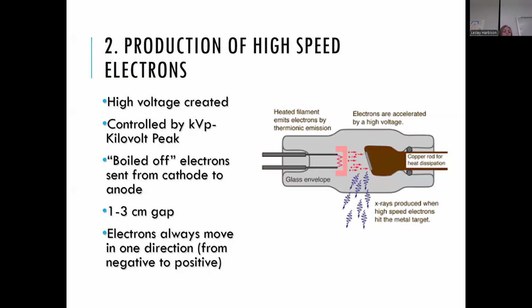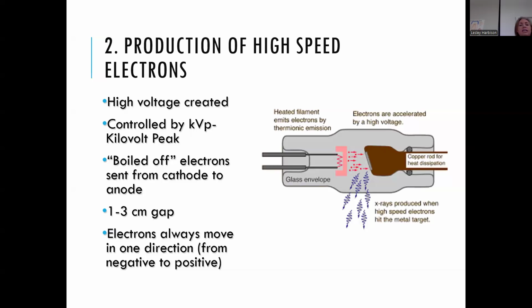So those boiled off electrons, because opposites attract, right? The cathode is, what side is it? Negative or positive? Negative. Anode is positive. And because opposites attract, that's one reason why they're just going to start heading off in one direction. Like charges repel, opposite charges attract.